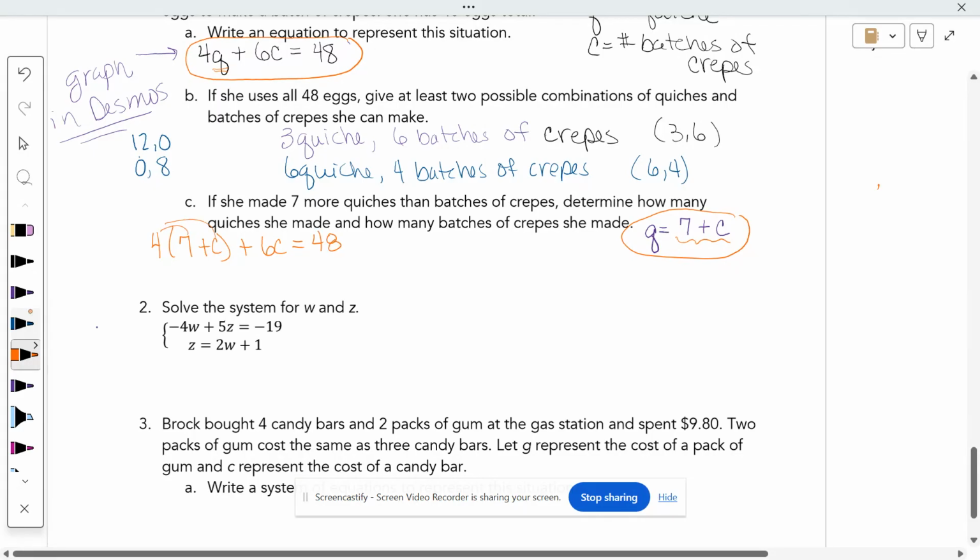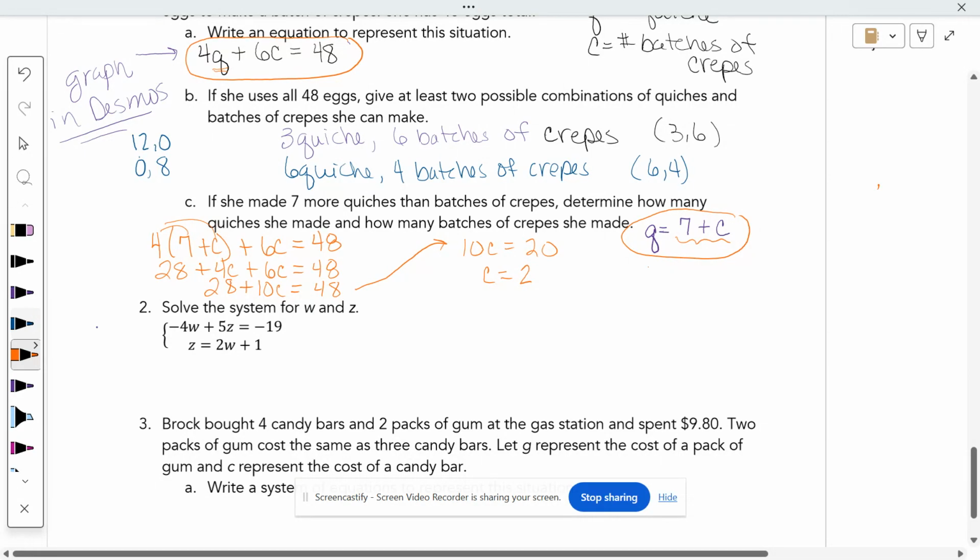Well, then I need to distribute. So 28 plus 4C plus 6C equals 48. Combine like terms: 28 plus 10C equals 48. I'm going to subtract 28 from both sides, and that gives me 10C equals 20. Divide both sides by 10, and I find out that the number of batches of crepes that she makes is 2.